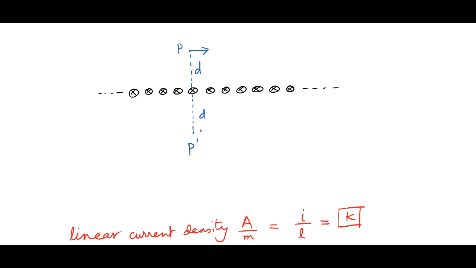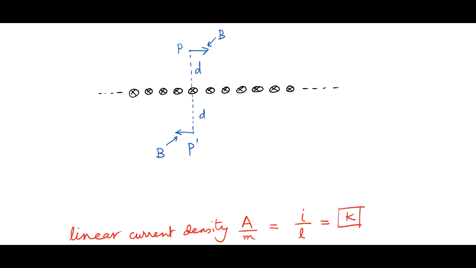Now by the same logic you can prove that the total magnetic field at P dash, because of this entire plane of current, must be towards the left. Not only that, if the field here has a magnitude B, then the field here too has a magnitude B, and that's by symmetry, because we have taken these distances to be equal.